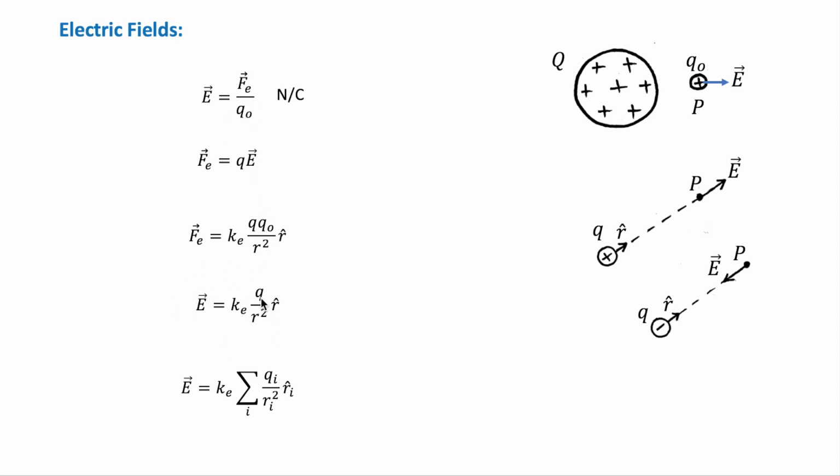So we are left with the source charge. So as you can see, if the source charge is positive, the electric field is directed away from the source charge. If it is negative, the electric field is directed towards the source charge.